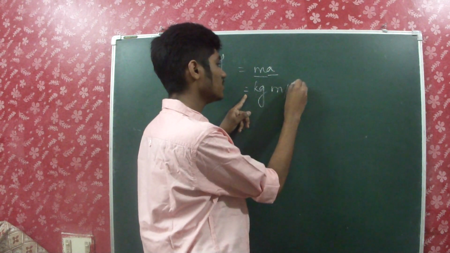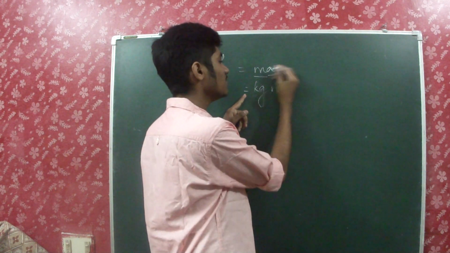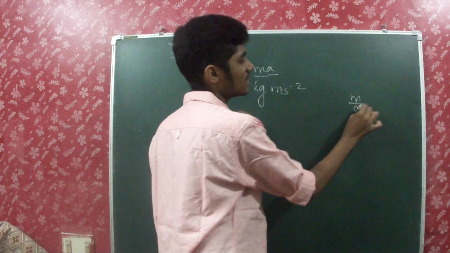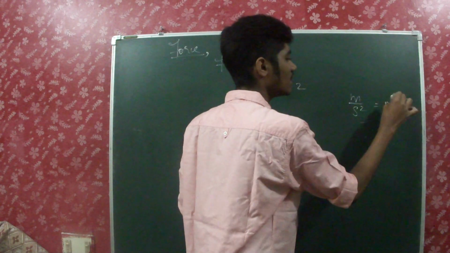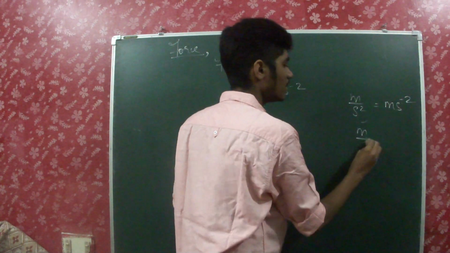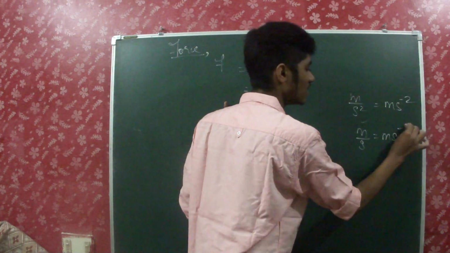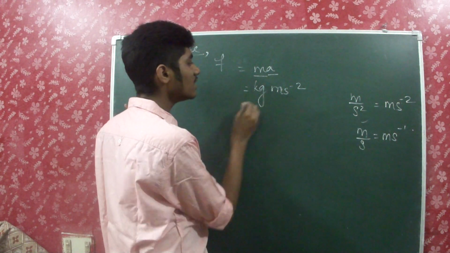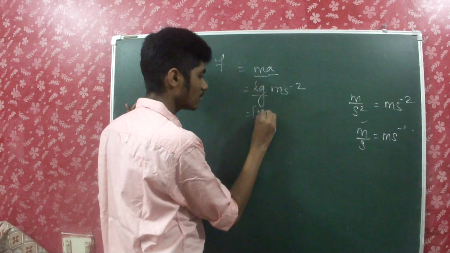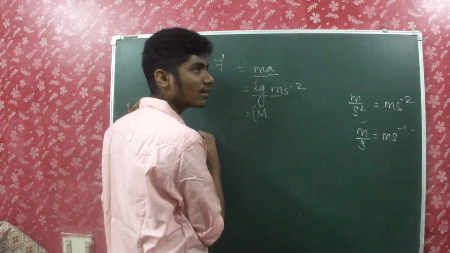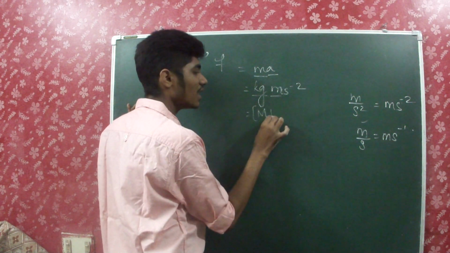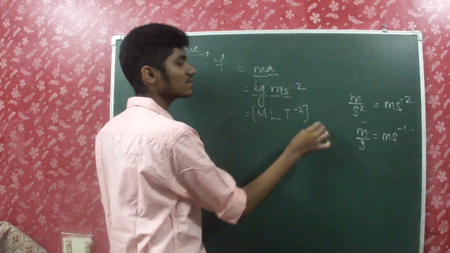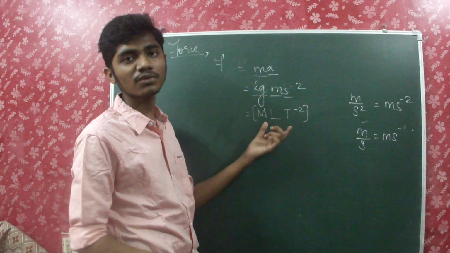So you can write it as meter second power minus 2. So how do I write this? Kg, then meter is length, L, and second is time, T power minus 2. That's it. This is the dimensional formula for force.